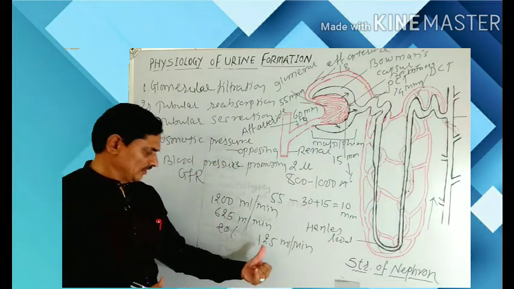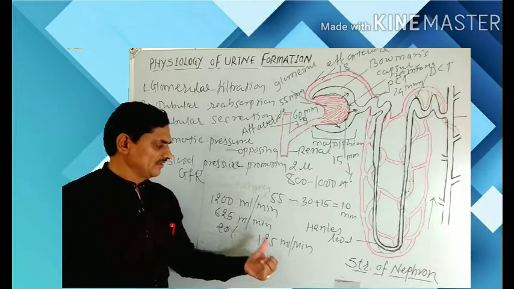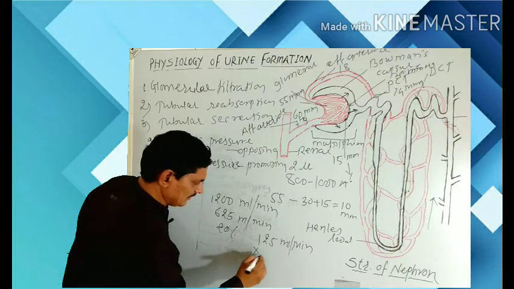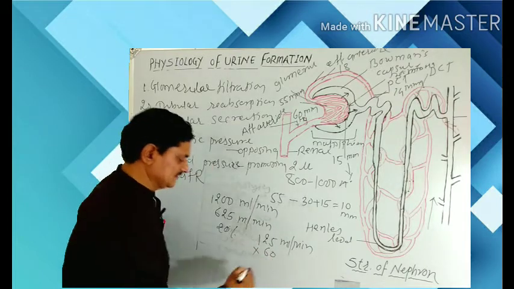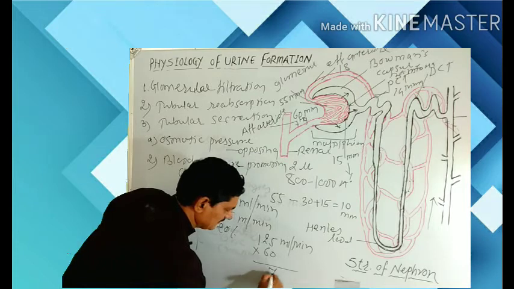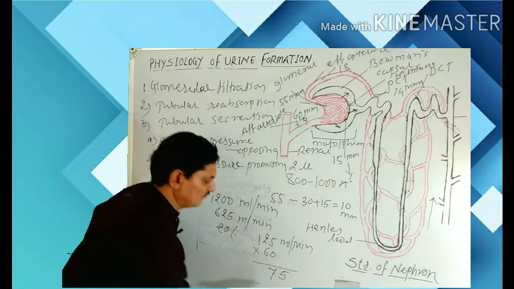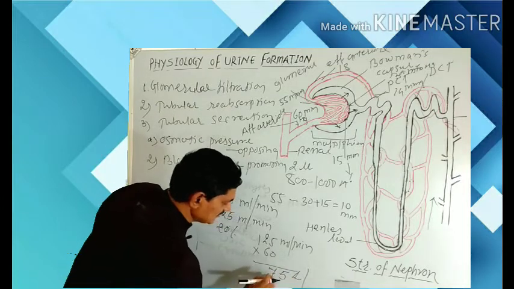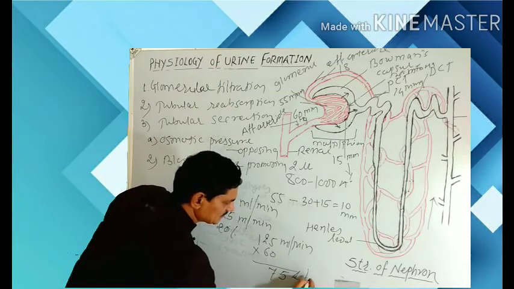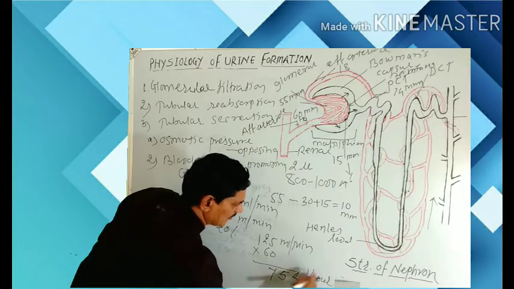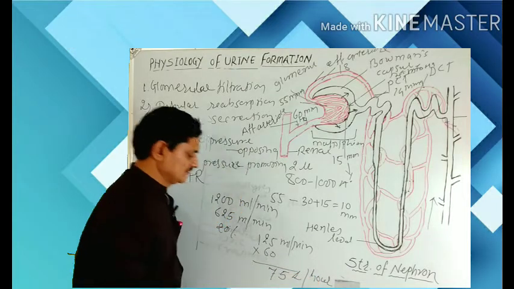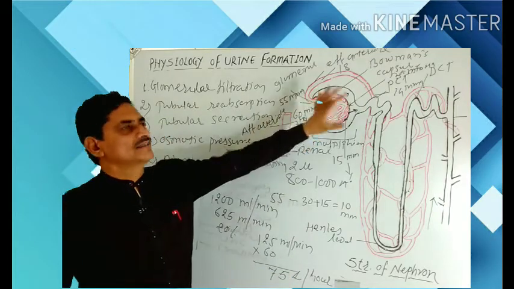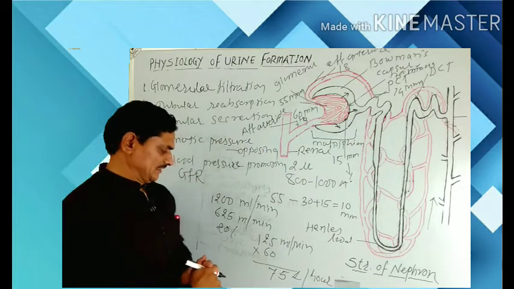If we calculate this 125 ml for an hour, for example, the hour is of 60 minutes, then it will be near about 7.5 liters per hour. In 1 hour, 7.5 liters of filtration occurs in the glomerular space.